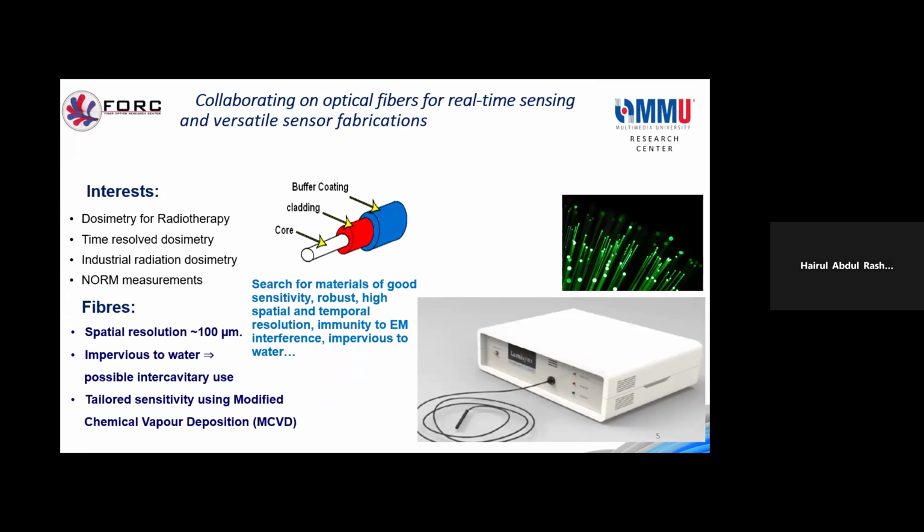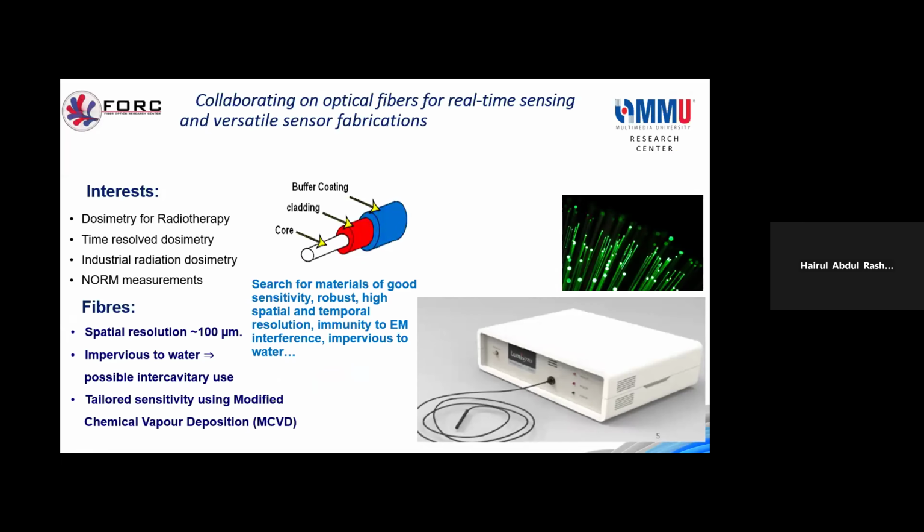Now, very quickly on optical fiber dosimetry, as you all know, optical fibers have been introduced as a technology mainly for telecommunications, in which optical fibers are used to guide light from one end to the other for the purpose of communications.